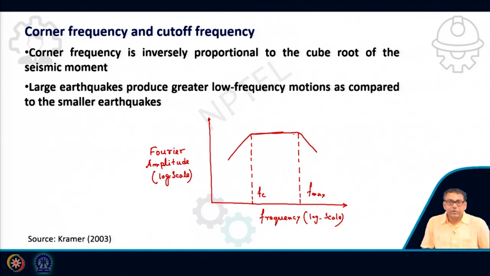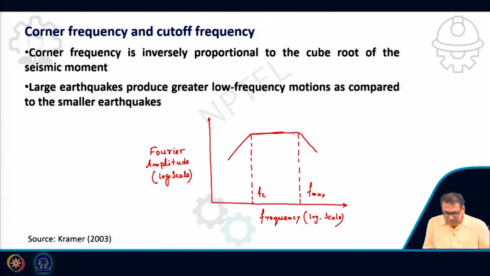We know that if the Fourier amplitude spectra of actual earthquake motion are smooth, then the largest Fourier acceleration amplitude is observed over an intermediate range of frequency.